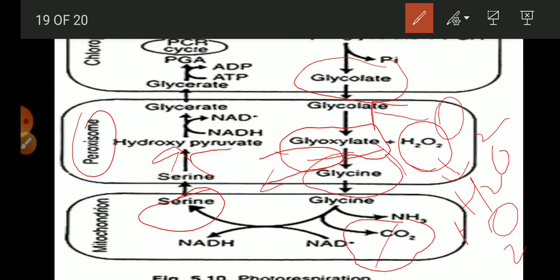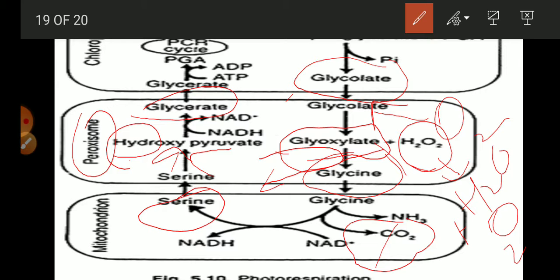So this will form hydroxypyruvate. This hydroxypyruvate changes into glycerate, which means hydrogen is added, NADH is oxidized again into NAD plus, and then we get glycerate.